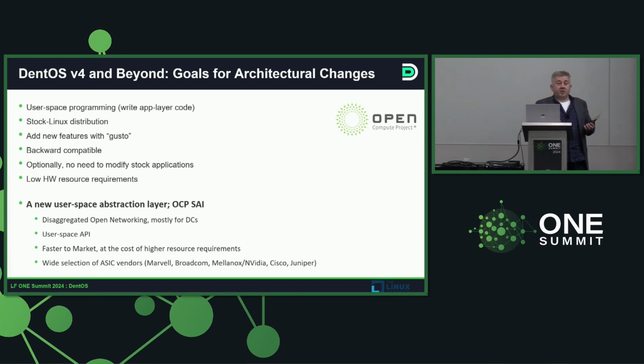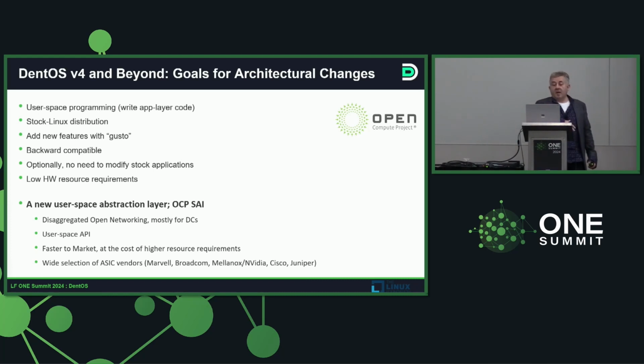so that they can do the implementation in a faster way, faster to market, at a cost of high resource requirements maybe, but also enable a larger number of ASIC vendors. If you look at the switchDev ASIC vendors, it's fairly limited.